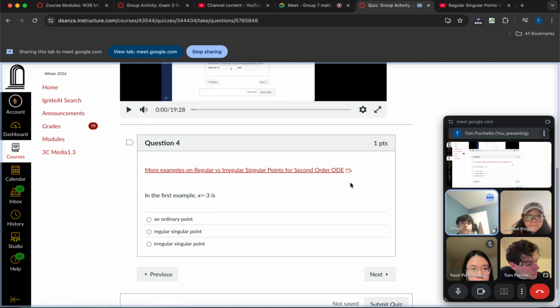Okay. Question 4. In the first example, x equals minus 3. Here the equation is (x squared minus 9) squared times y'' plus (x plus 3) times y' plus 2y equals 0.